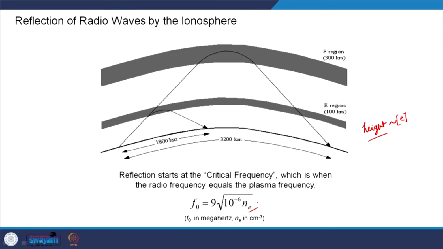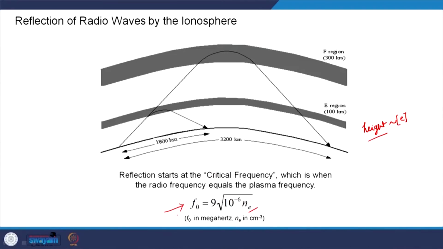Now, this reflection can happen at the bottom of a particular layer or in the peak density region of a layer. It can happen anywhere, right. Generally the criterion is, whenever this condition is met, just like resonance, whenever the radio wave frequency is equal to the frequency of the plasma, the ionosphere being plasma, then the reflection will happen.